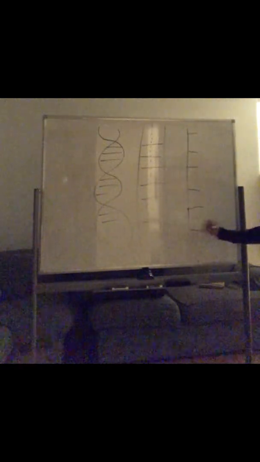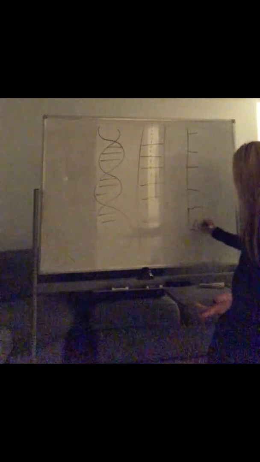If I cut the ladder in half, I'll only look at one half here. It will look like this. Each one of these is a base. For now, since I'm just showing how they match up, the order doesn't matter.